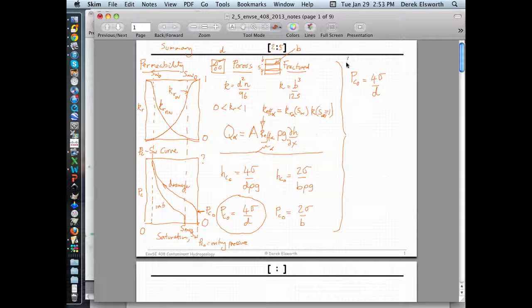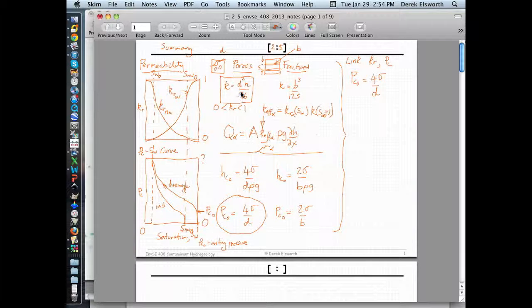So if we link permeabilities and capillary pressures, you think that they're related in some way because they both vary with saturation. So what we could do is try and link capillary pressure to permeability by realizing that permeability is defined as a function of this conduit size, which also appears here.